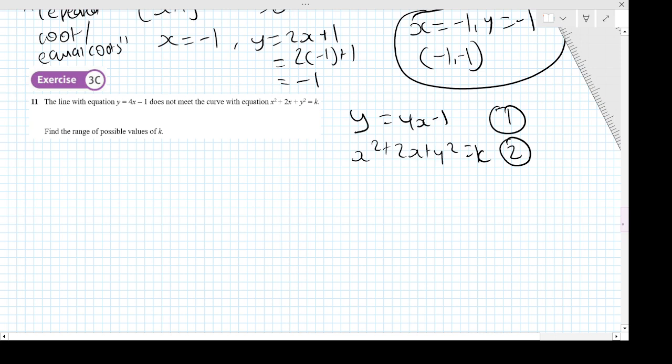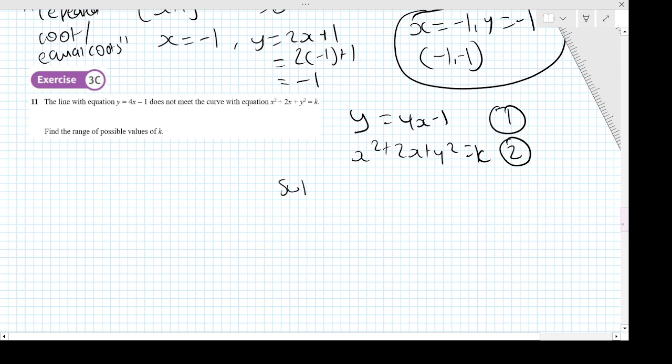If we consider their intersection, that means considering the solution to their simultaneous equations. So let's solve it as normal, the way we normally would, using substitution. We have y already given as 4x minus 1, so we can substitute that quite directly for y squared.